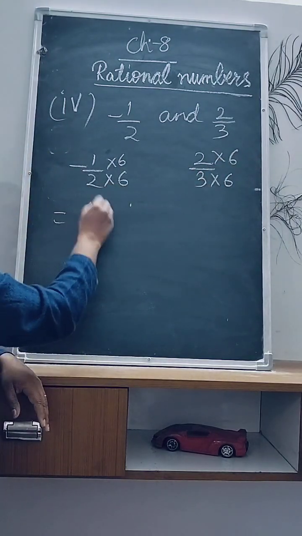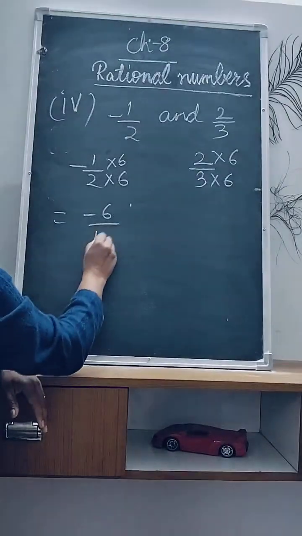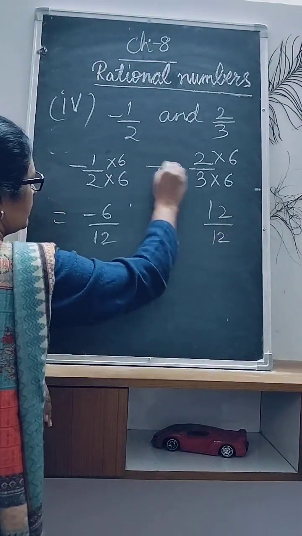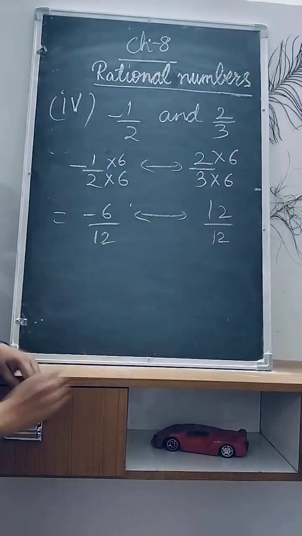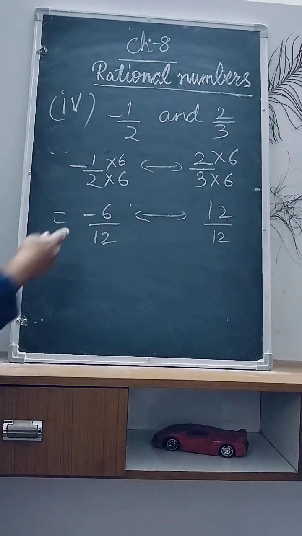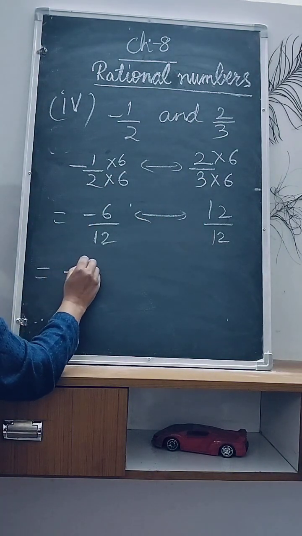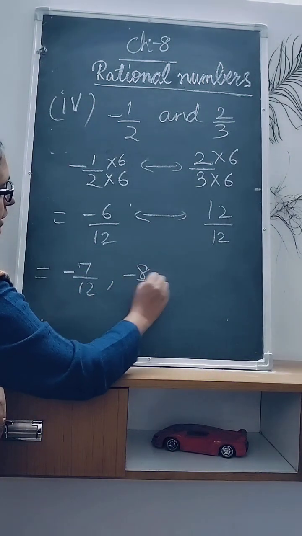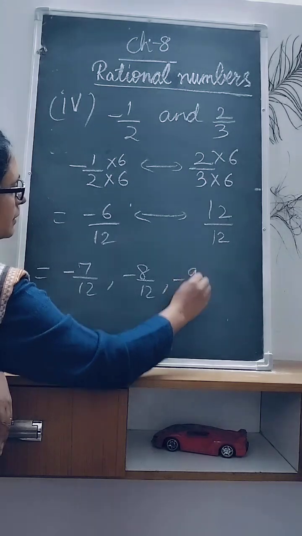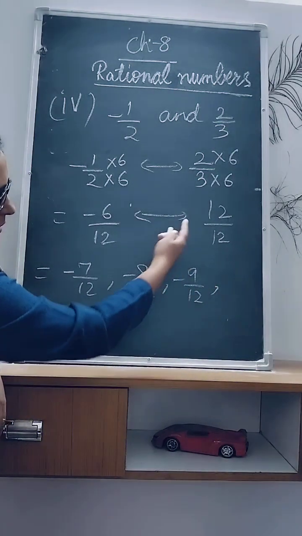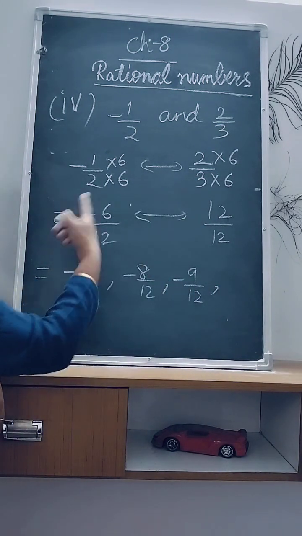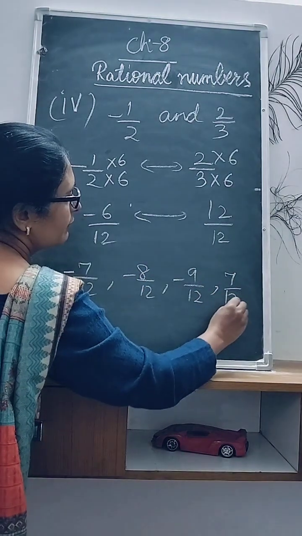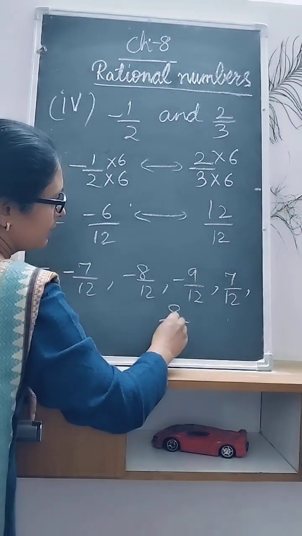So what you get? Minus 6 upon 12, and here you will get 12 by 12. So any 5 numbers you will find in between: minus 7 by 12, minus 8 by 12, minus 9 by 12, or because this is negative and this is positive, you can write any others also, like 7 by 12, 8 by 12.